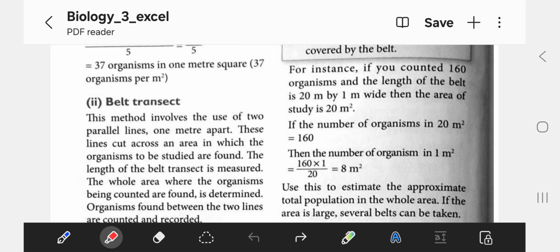So you capture that organism and then you mark it. After marking, you release them back to the environment, so that they mix with those that were not marked. So after they mix, you come back again and capture others. So you capture other organisms in the same place. After capturing them, you determine the number of organisms that were first marked.